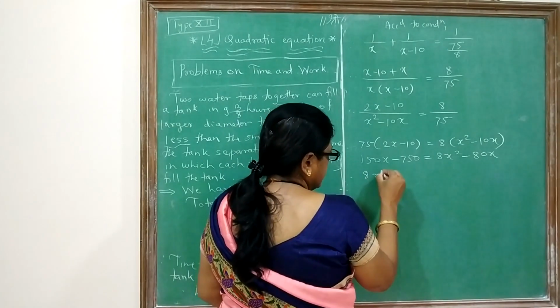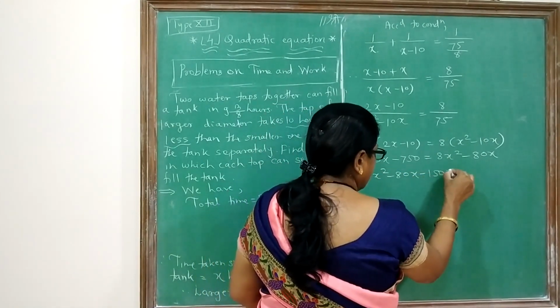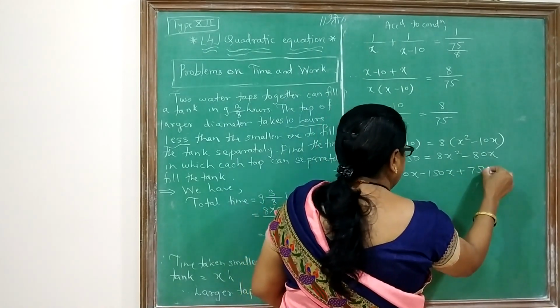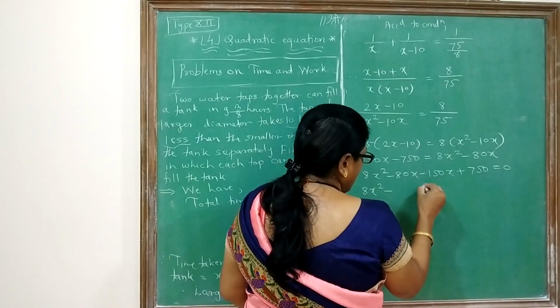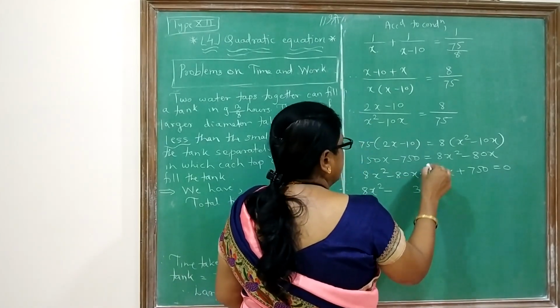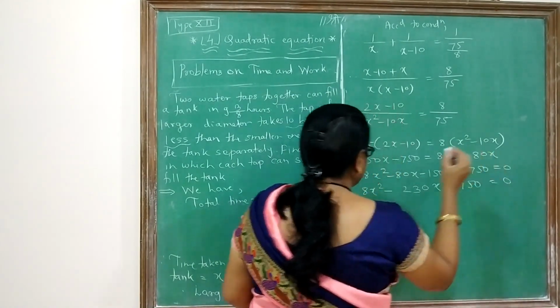Then 8x square minus 80x will be transferred to the other side, that is 8x square minus 230x plus 750 equal to 0.